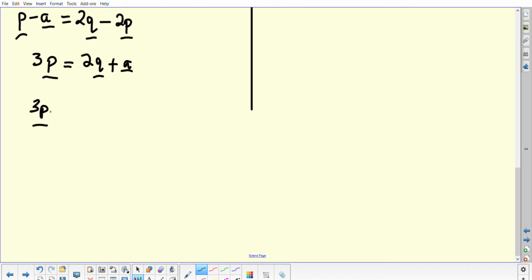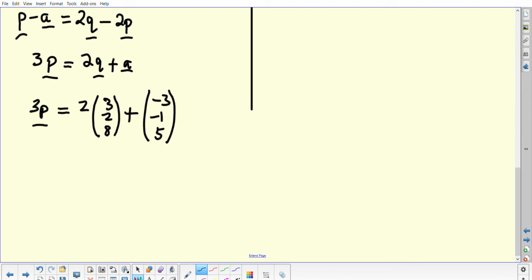I've still got that 3P there, I'm just leaving it there just now, and I'm doing 2 times the components for Q, where 3, 2, 8. Remember, components are the same as the coordinates, and you've also got the components for the point A, where minus 3, minus 1 and positive 5.